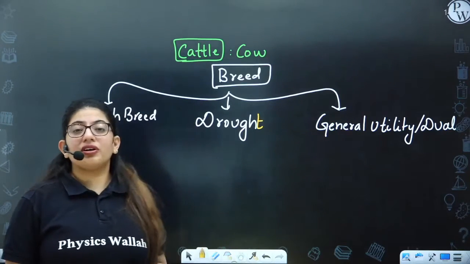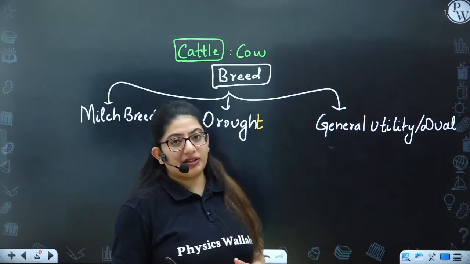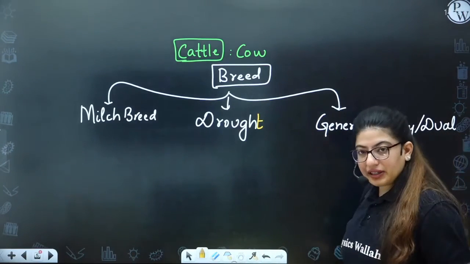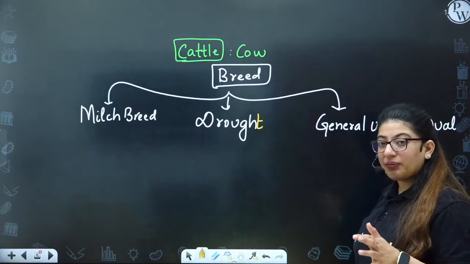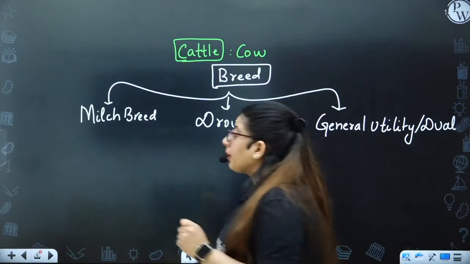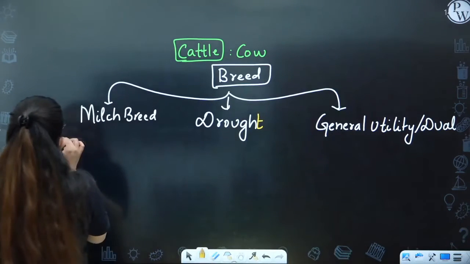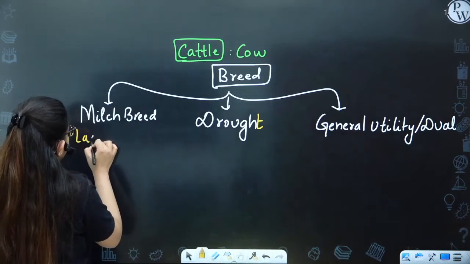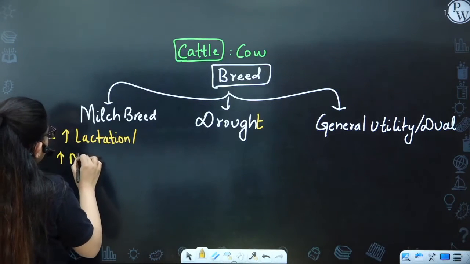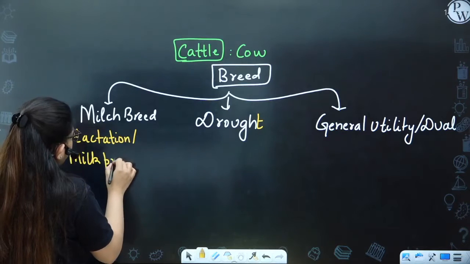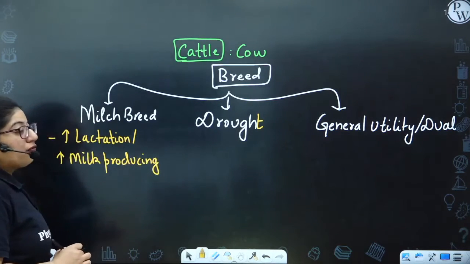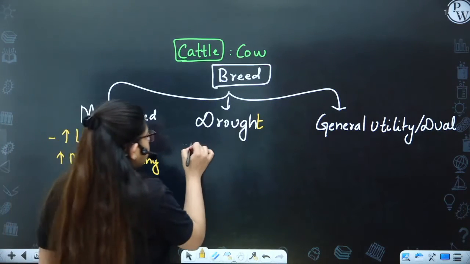A general utility or dual breed has both characters: the cows have high milk yielding power, and they are also disease resistant like the draught. The milch breeds have high milk production, whereas the draught breeds are disease resistant.